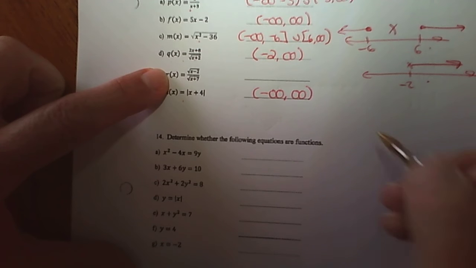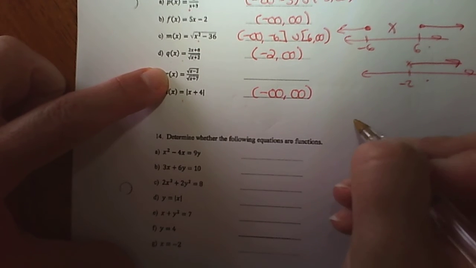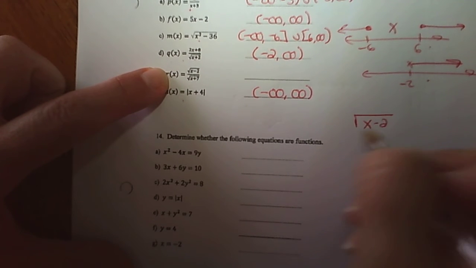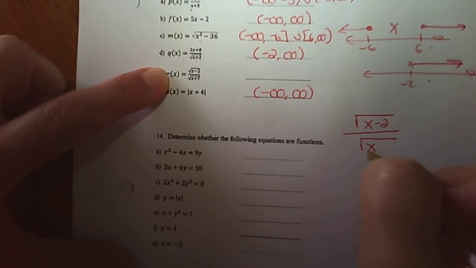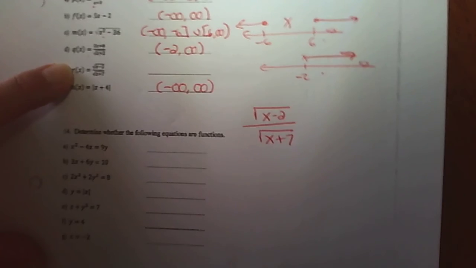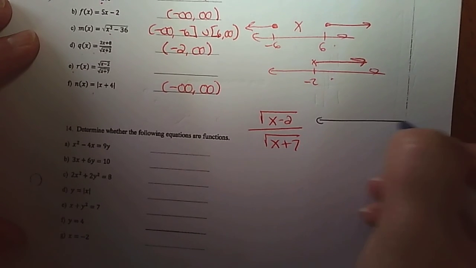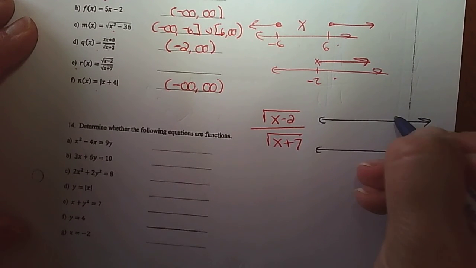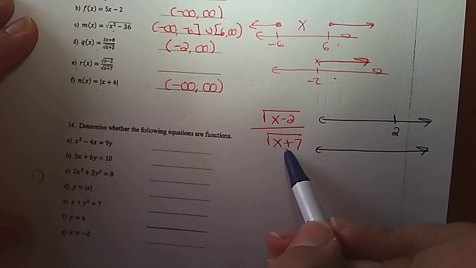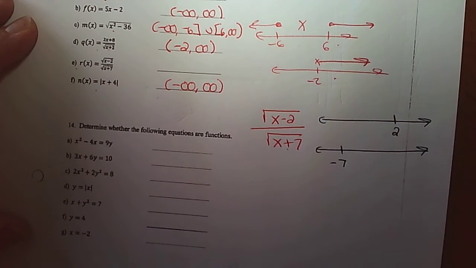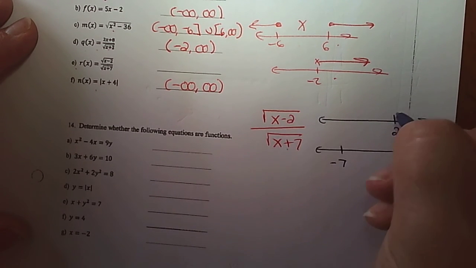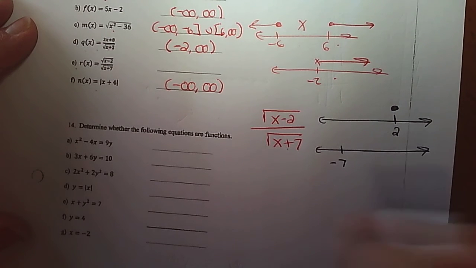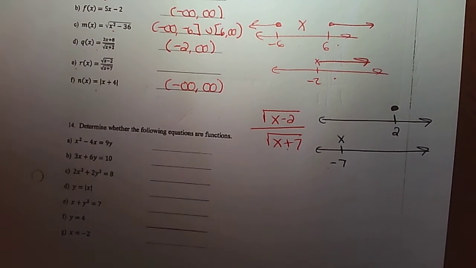And then this one I'm going to do over here off to the side. Radical x minus 2 over radical x plus 7. So I have to do dueling number lines. Right? What ruins this one? +2. What ruins this one? -7. Now, this is in the numerator, so it's a solid dot. This is in the denominator, so it's an x.